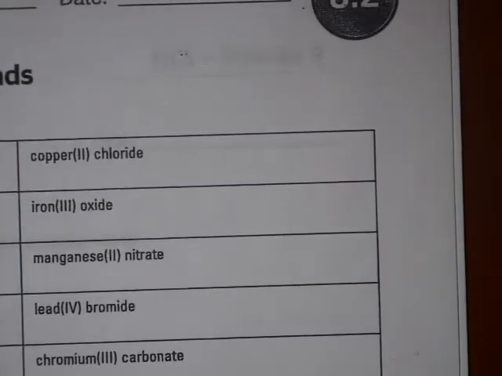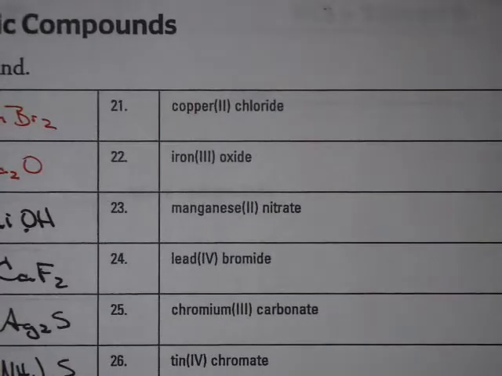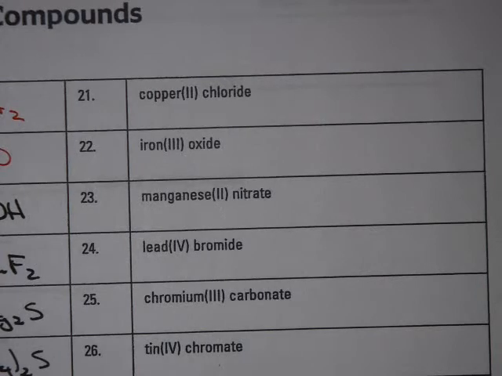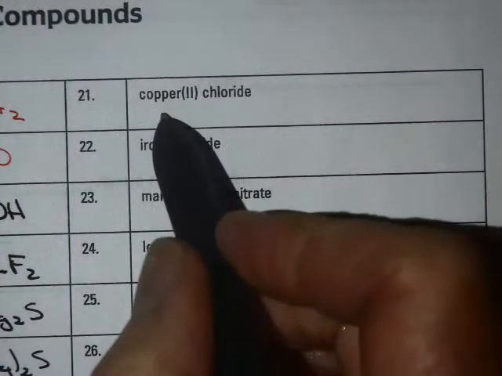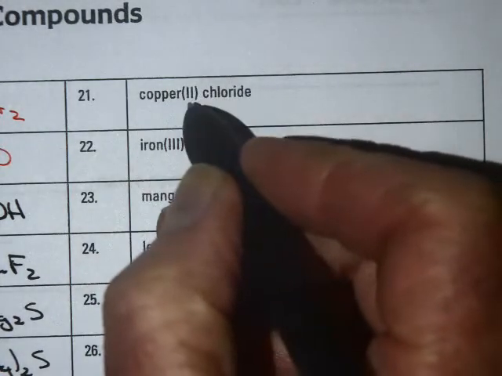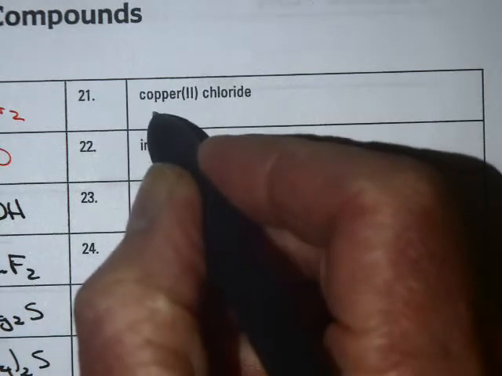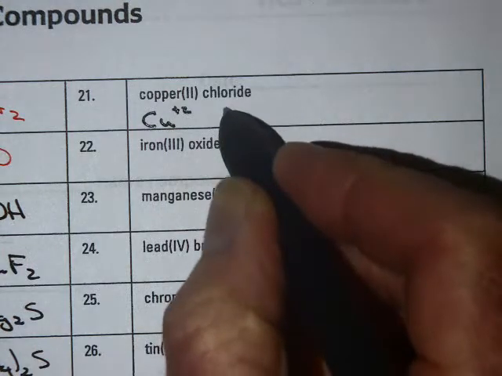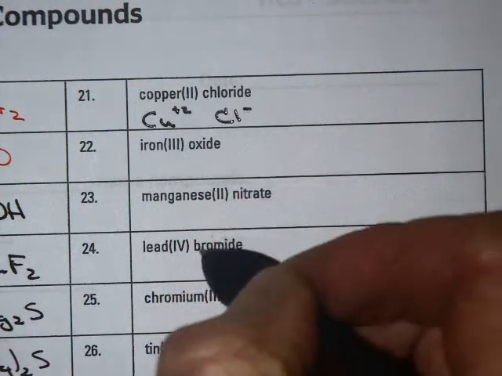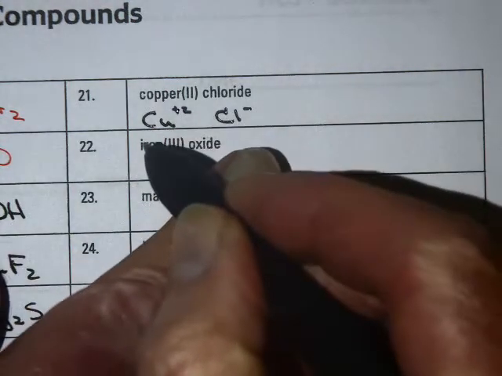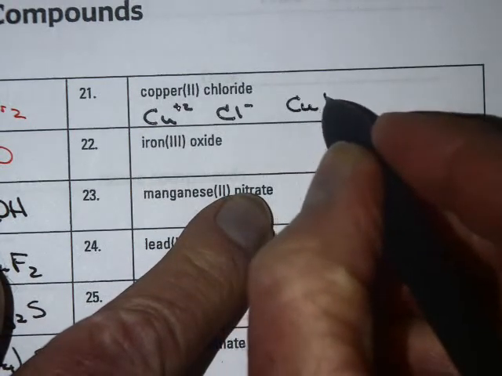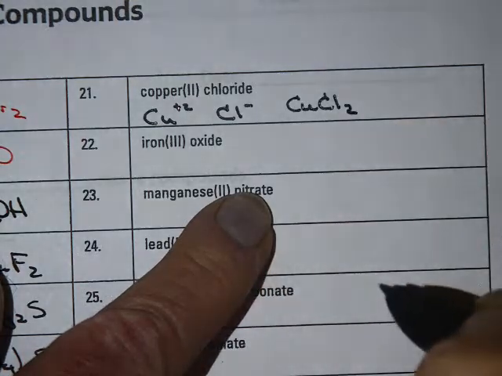And that's the bottom. I've not done these. I want you to go back and complete these on your own as much as you can. The only difference is, for example, I'm looking at copper chloride. Copper, this too tells you the combining capacity. So Cu +2, chloride from your table is -1. So you're going to switch these.